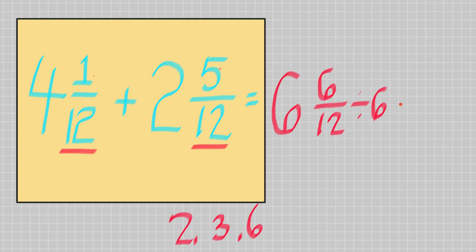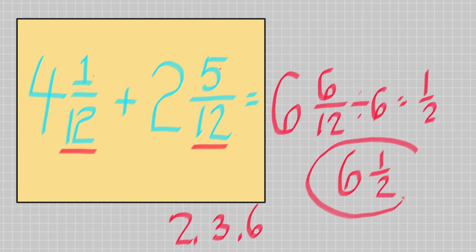I will copy first the whole number, 6. 6 divided by 6 is 1, 12 divided by 6 is 2. So you put 1/2 here. Therefore, the final answer is 6 and 1/2. 4 and 1 over 12 plus 2 and 5 over 12 gives you 6 and 1/2.